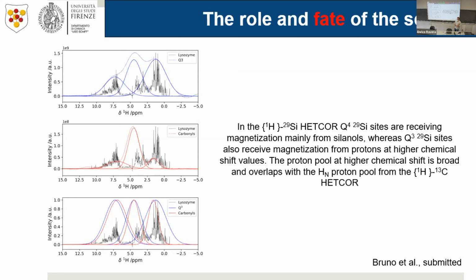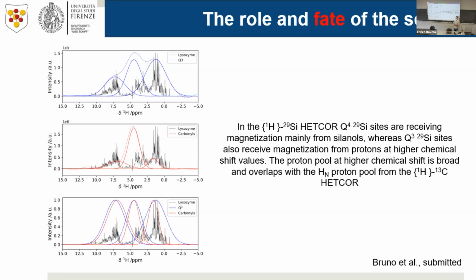The proton-silicon HETCOR spectrum, so the silica matrix, is receiving magnetization from 3 different proton sources. Two are clearly attributable to either silanols on the surface, the upfield peak, and to adsorbed water, the peak in the middle, and one part comes from hydrogen-bonded species.